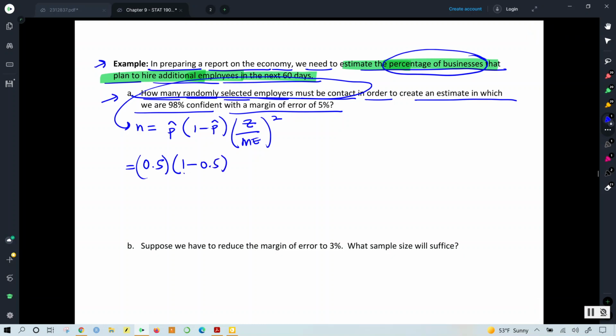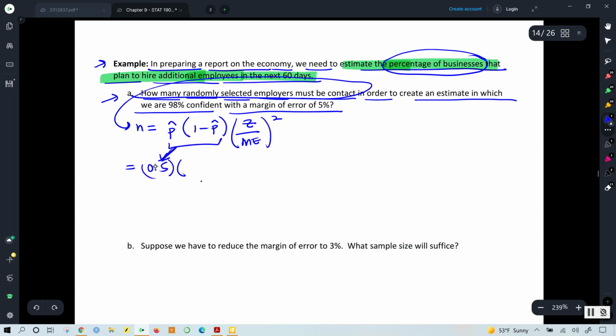This is the same thing as in the last example. 0.5 times 0.5 gives us 0.25 for the first two values. I'll just keep them that way so that there is no confusion.